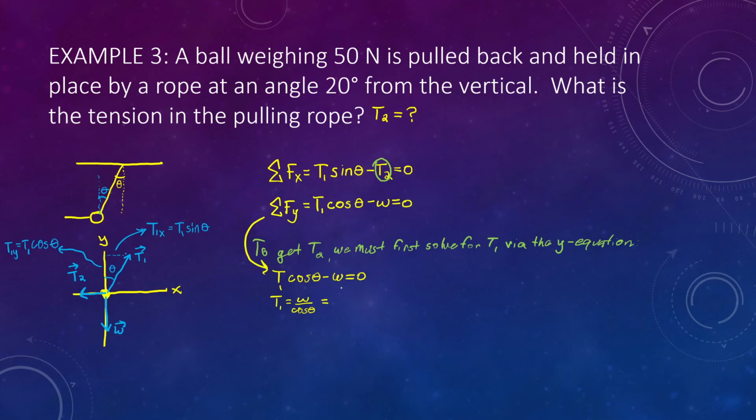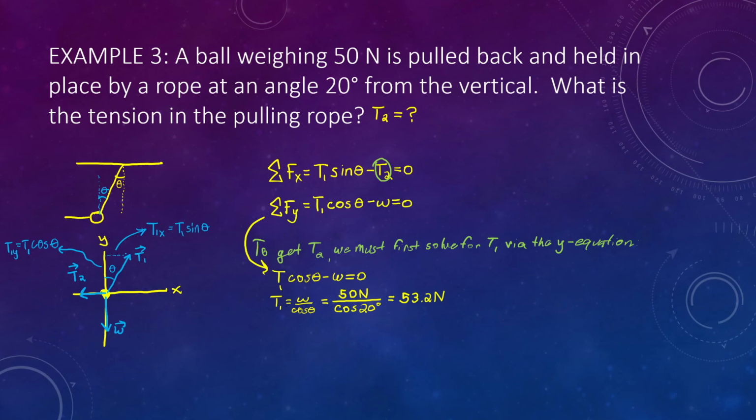The weight is given to us in the problem as 50 newtons. And we do know the angle, cosine of the 20-degree angle that is given to us. 50 divided by cosine of 20 is going to give you a slightly larger number. In this case, I believe that is 53.2. So we'll have 53.2 newtons for T1, based on this y equation that we just solved for.